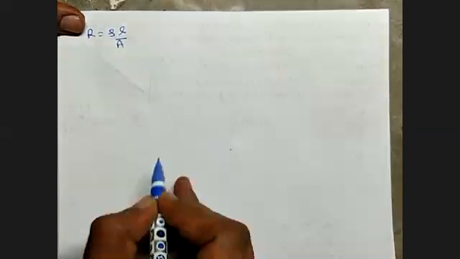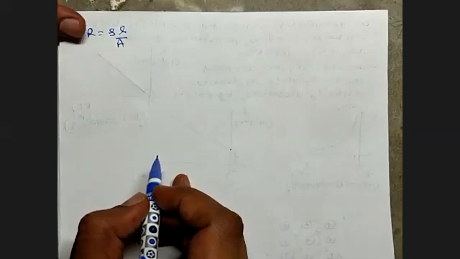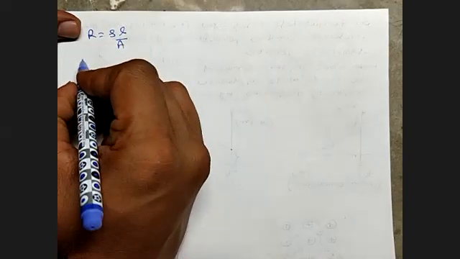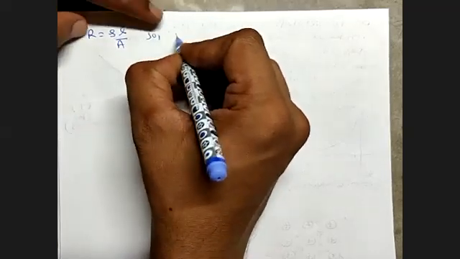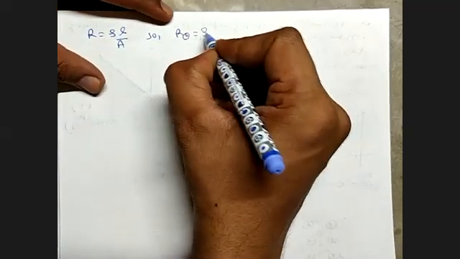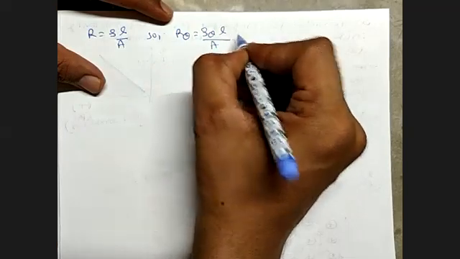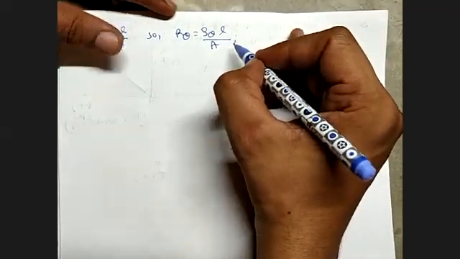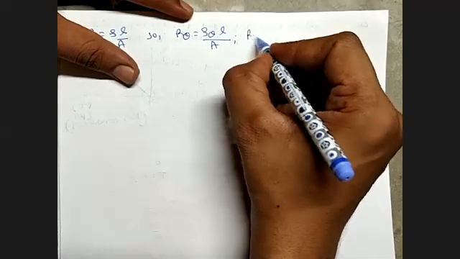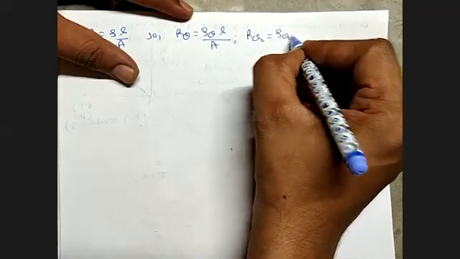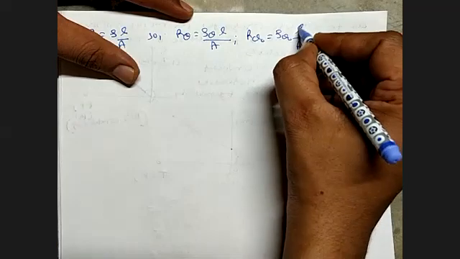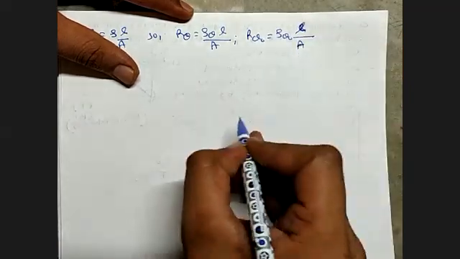For one particular conductor, R is equal to rho L upon A. So R theta is equal to rho theta L upon A, for one particular conductor having the same length and same area. For that only it is possible. So R theta 0 is equal to rho theta 0 L upon A.